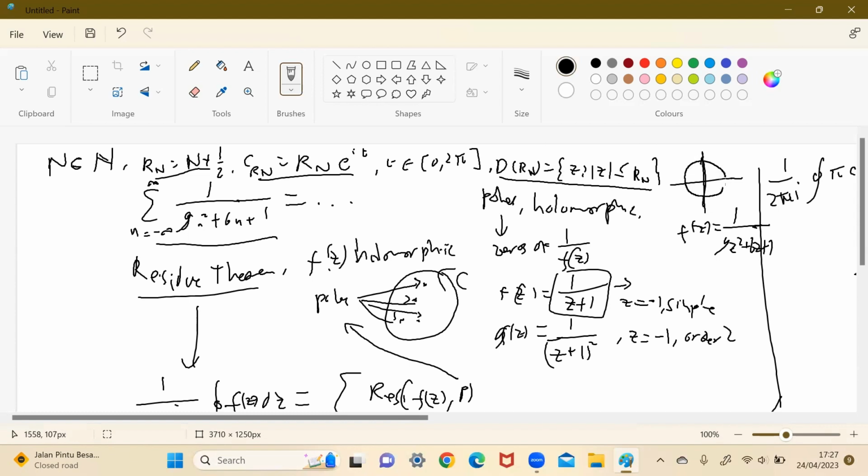So our path will look like this, in the anti-clockwise direction, and the radius is n plus 1 over 2. This path will be C_Rn, and just for completeness' sake, the inside of this circle is the region D_Rn.